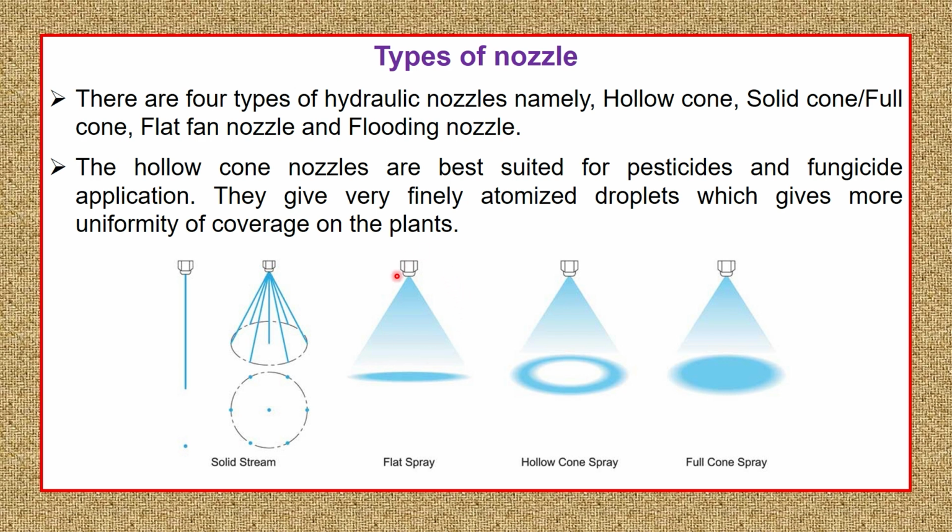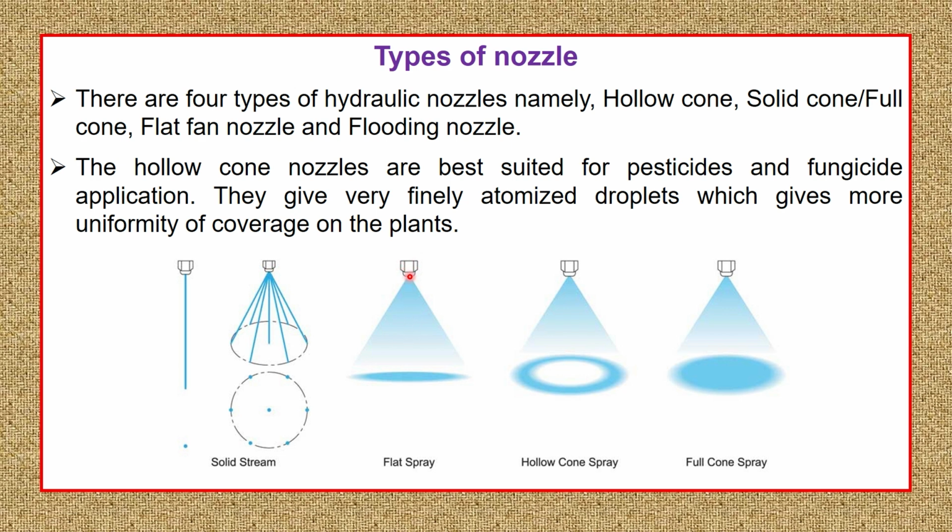So in the case of flat fan nozzles, they are all called hydraulic nozzles, because the disintegration of chemicals into droplets takes place by passing the water under pressure through a restricted space. So there is a very small opening through which the chemical is allowed to pass under pressure, and that's how that jet of water is converted into fine particles.